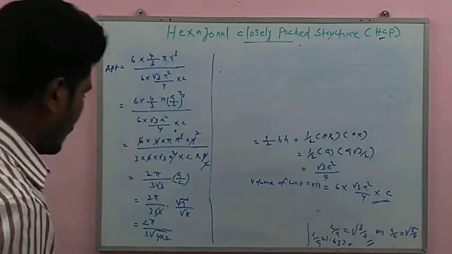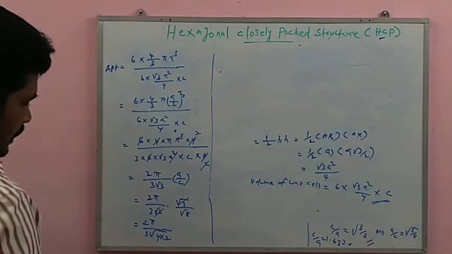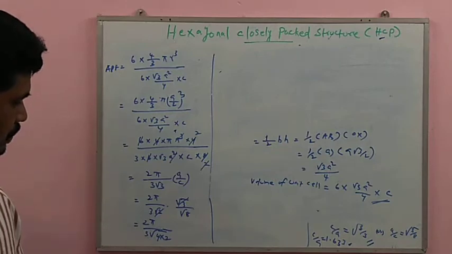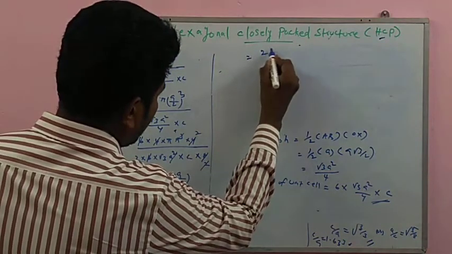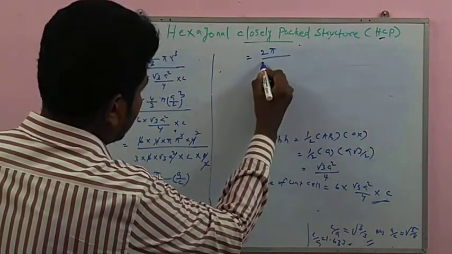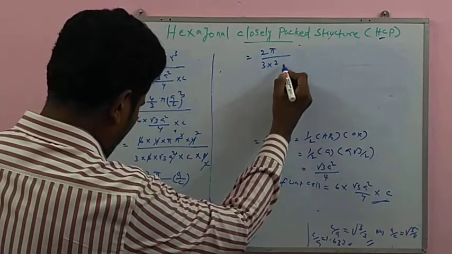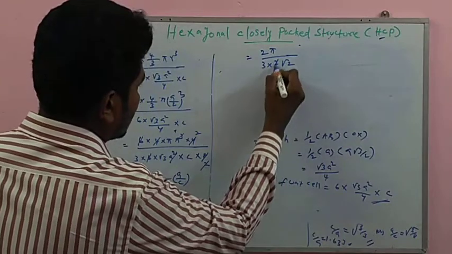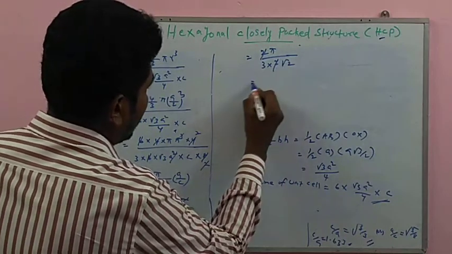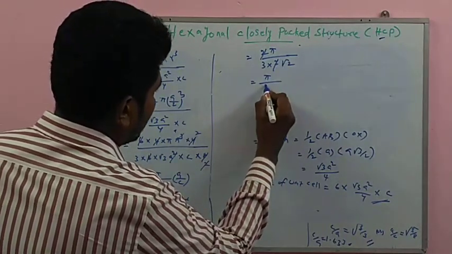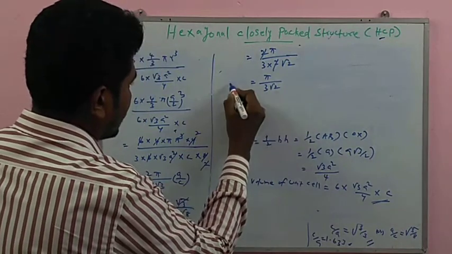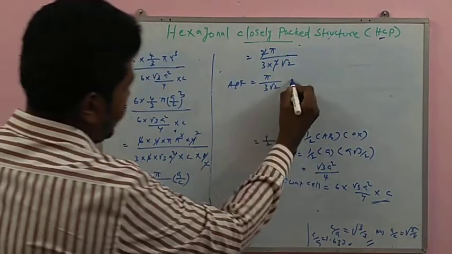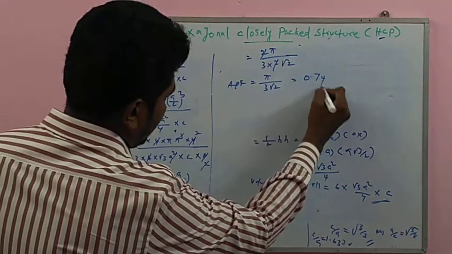Root 4 is 2, so 2 pi over 3 into 2 into root 2. The 2 cancels, so pi by 3 into root 2. That is the value of APF. So the output answer is 0.74.